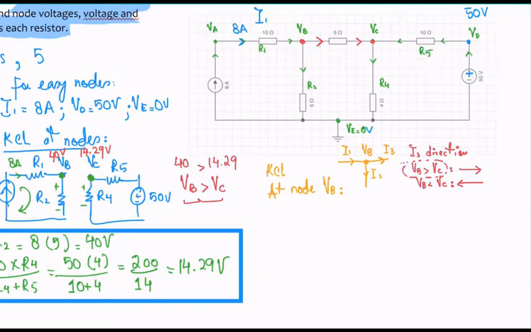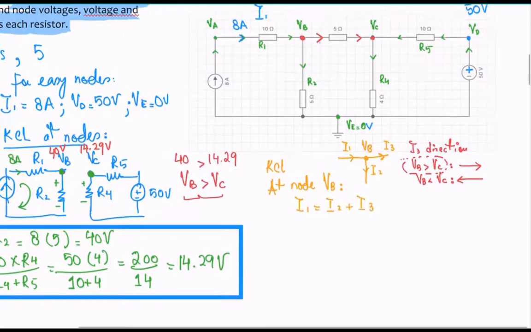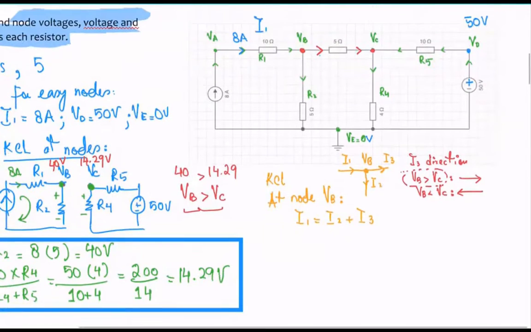So what would be your equation? KCL: current entering the node equals current leaving the node, which gives the equation I1 equals I2 plus I3, correct? I1 we know, which is here, is 8 amps.